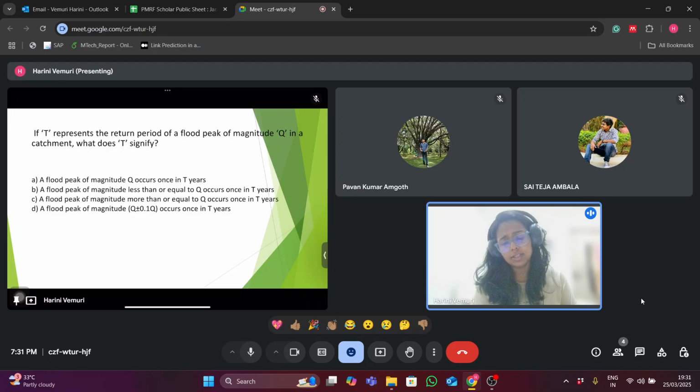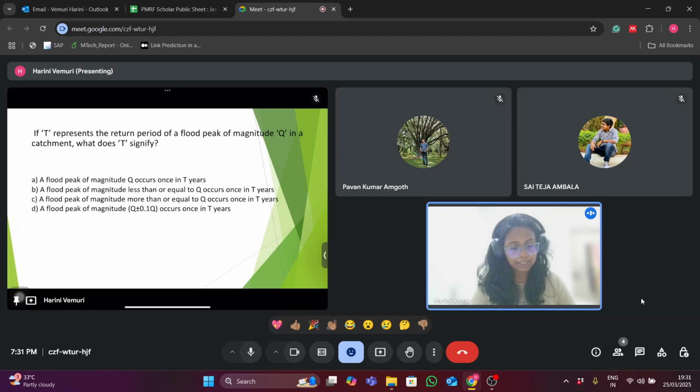So the next question is, if T represents the return period of the flood peak of magnitude Q in a catchment, what does T signify? Option A, a flood peak of magnitude Q occurs once in T years. Option B, a flood peak of magnitude less than or equal to Q occurs once in T years. Option C, a flood peak of magnitude more than or equal to Q occurs once in T years.